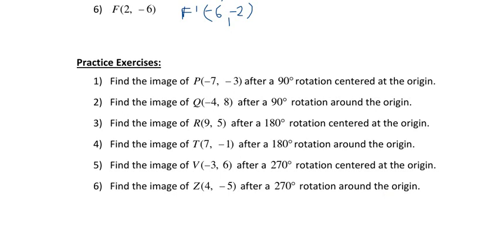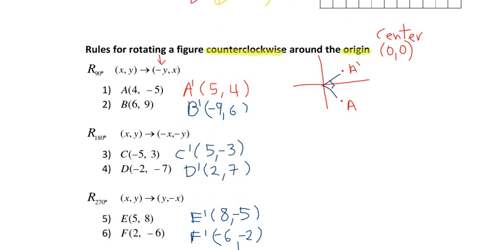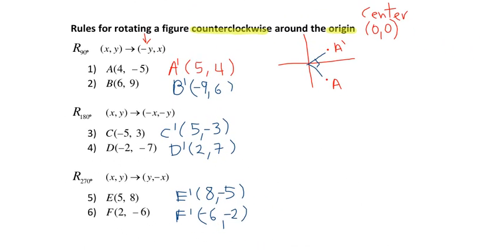And remember that the rules that we have here are only for those types of rotations. So if you want to do another type of rotation like clockwise, you will have to discover the rules for clockwise and do them, but we are not going to do that in this class.